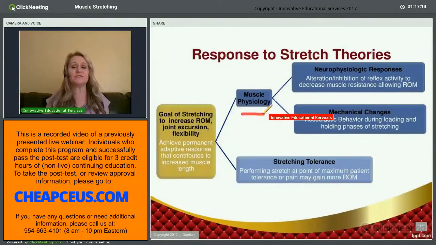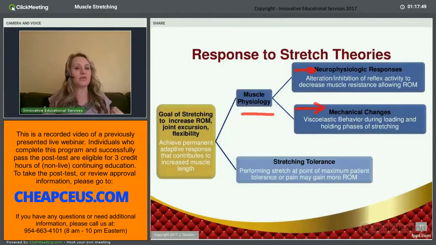So in breaking down this physiology more specifically, we have our active controls of our neurophysiologic components, and then, as I said, we have our passive controls of our mechanical components. We're looking at the fact that our muscles respond in different ways, that we have reflexes that are going to play a role in the tension of the muscle, and then we also have the viscoelastic properties, the structure of the muscle itself, that plays a role in its ability to lengthen and stretch.